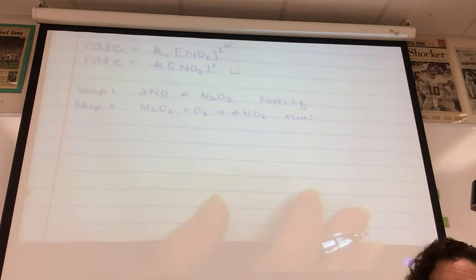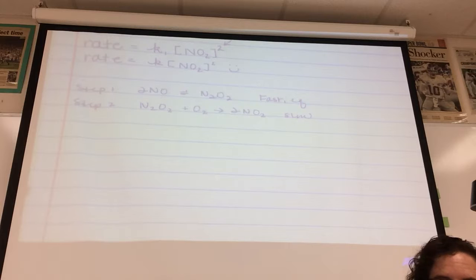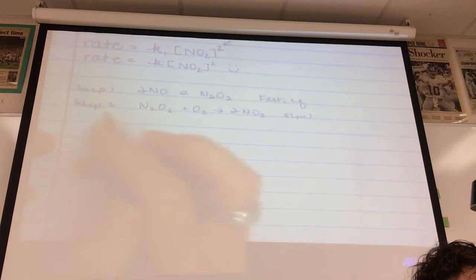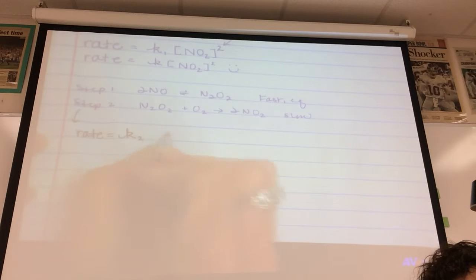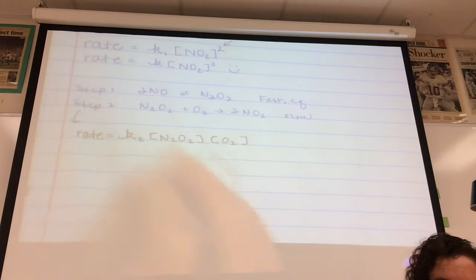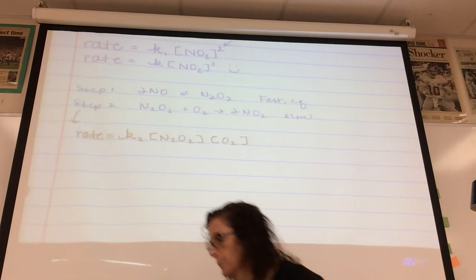So we're still going to write the rate law from the slow step. Here's my slow step. I have rate. It's the second step, so K2, reactant, reactant. That's where I'm at right now.